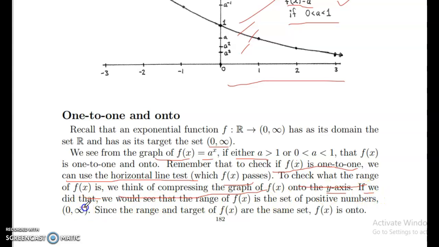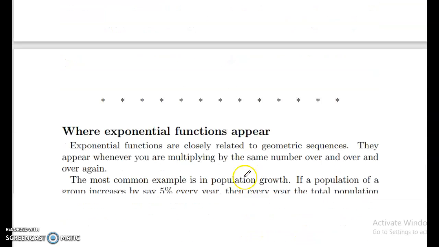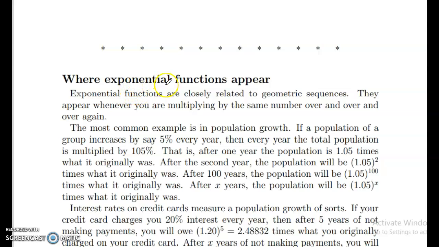If we did that, we would see that the range of f of x is the set of positive numbers, (0, infinity). Since the range and the target of f of x are the same set, f of x is onto.